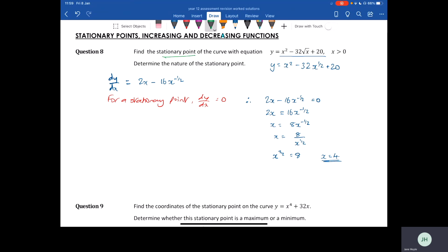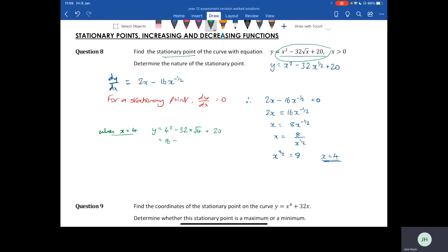To find the stationary point, I of course need to find the y value as well. So when x is equal to 4, I know that y is equal to, so I'm going to substitute it in there, 4 squared minus 32 times root 4 plus 20.